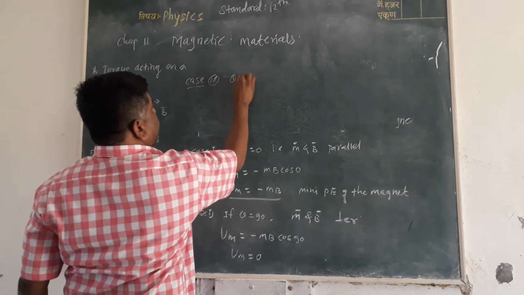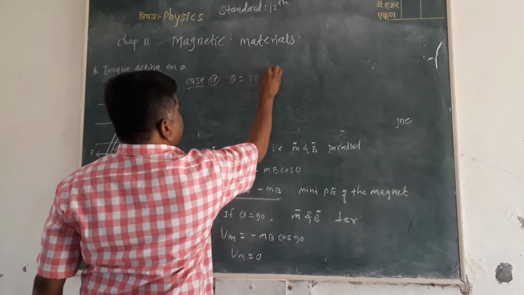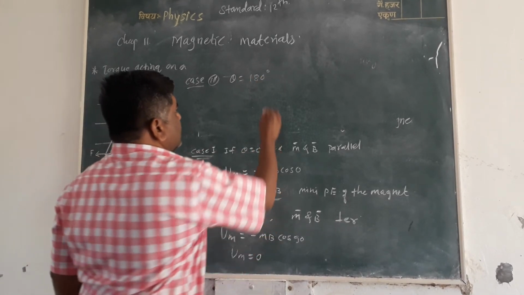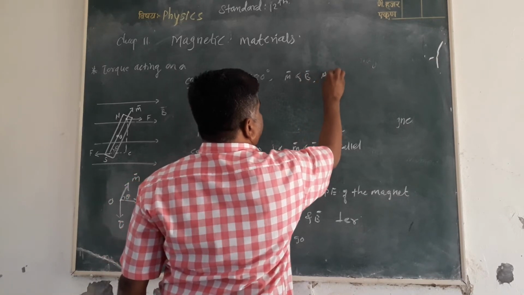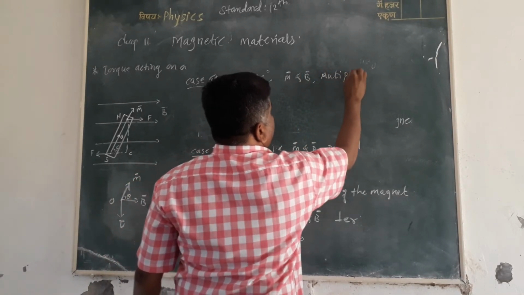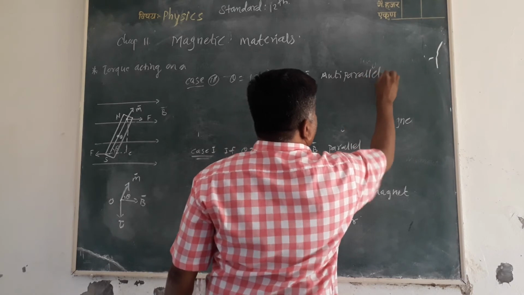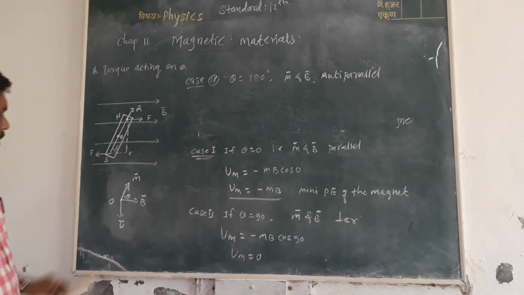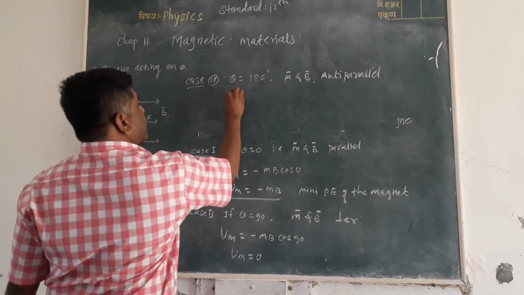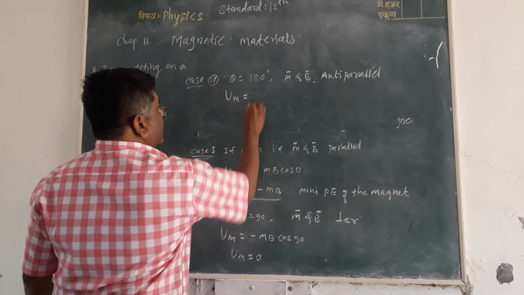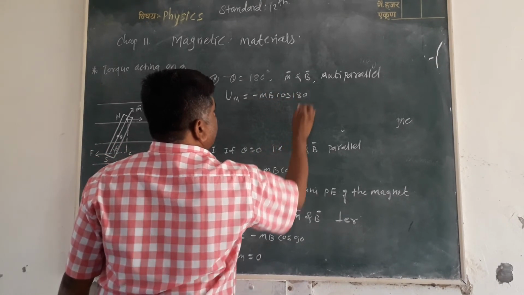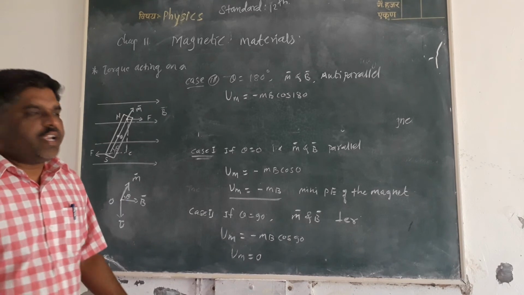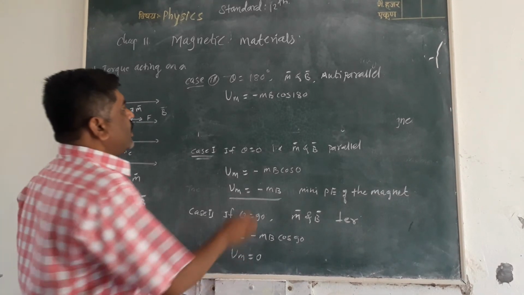Now, third case. If theta is equal to 180 degrees, then M bar and B bar are anti-parallel to each other. Then UM is minus MB cos 180 degrees, and we know that cos 180 is equal to minus 1.